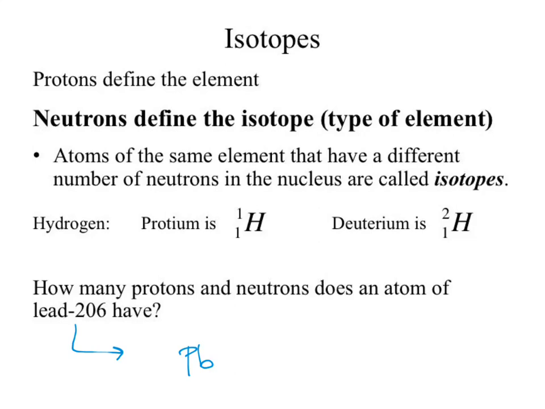Mass. Because if it was the atomic number, we'd have a hard time finding it, right? So our atomic number, were you actually right? I think it's 124. No, it can't be 124. I just want the atomic number. Oh. Our atomic number is 82.